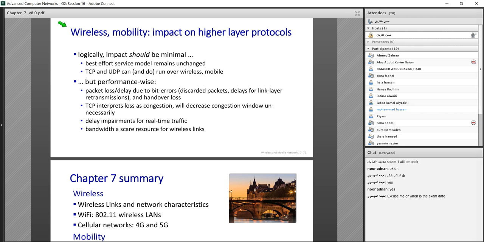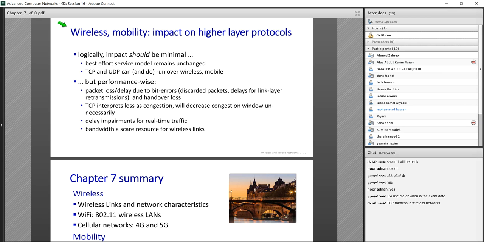And for example, you can look for TCP fairness in wireless networks. If you look for this topic, you can find some interesting materials, especially some interesting papers.